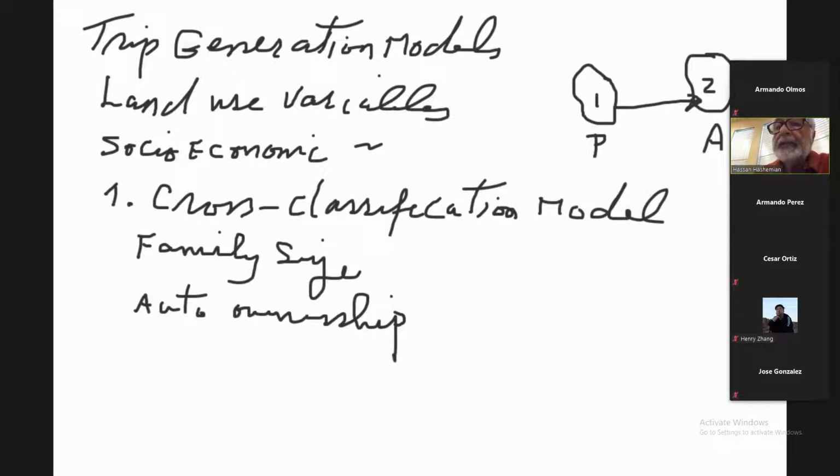So we take the survey and we try to find the trip rate, what's the number of trips per household, and based on that, we forecast how many trips are going to be generated. I'm going to show you that model. Go to my pictures.